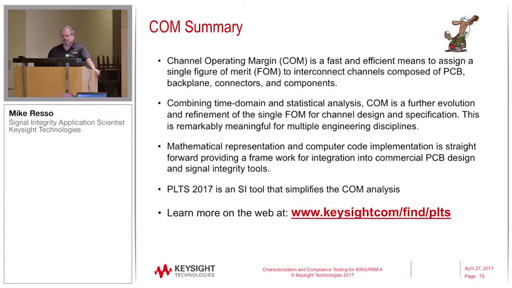It does time domain, frequency domain, and statistical analysis, and it's just an evolution from some of these insertion loss deviation and insertion loss to crosstalk ratio calculations we've done in the past. So it's a very straightforward evolution from those. And it is a mathematical representation using computer code. So it's a nice framework to start with. I think that the standards committees and engineers have given us some good tools to start with.